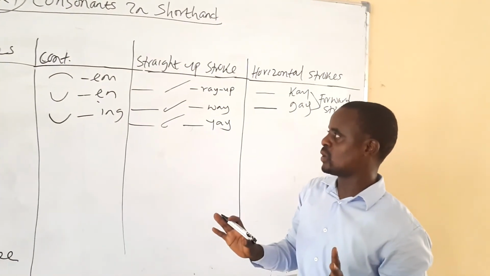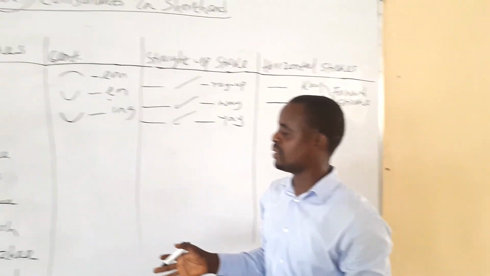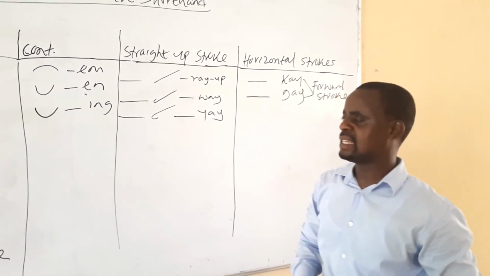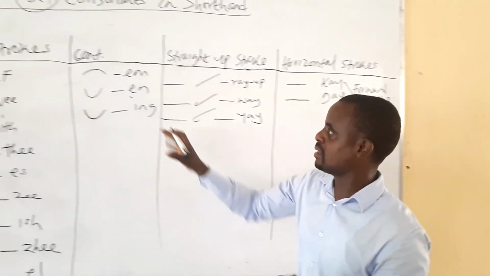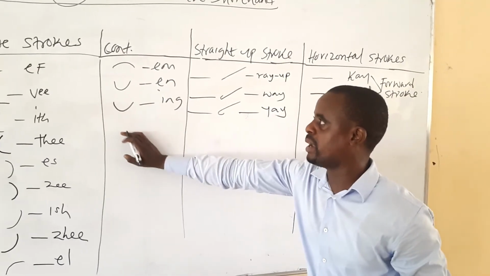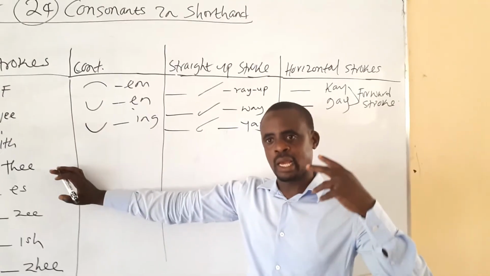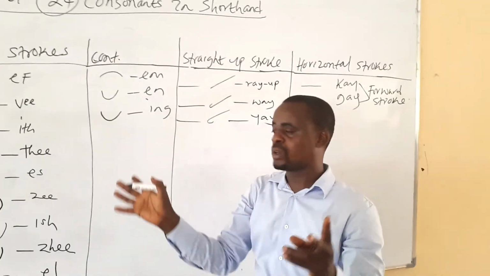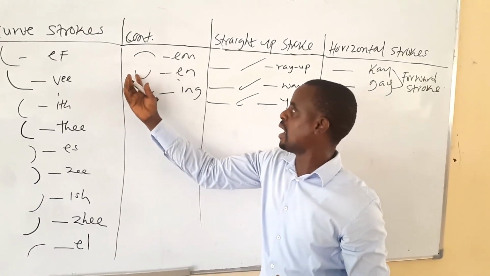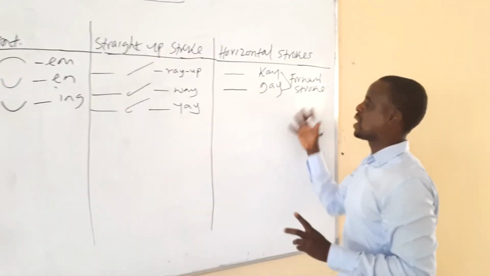All these you can call horizontals, and sometimes you can call them forward strokes. But if we say cap stroke, this means that M, N, and ing fall in cap stroke. But if it is forward or horizontals without calling cap stroke, then M, N, and ing will fall here when we say horizontal stroke or forward stroke.